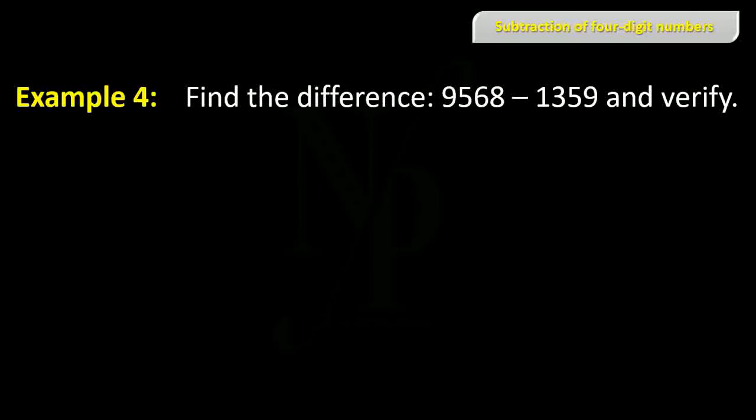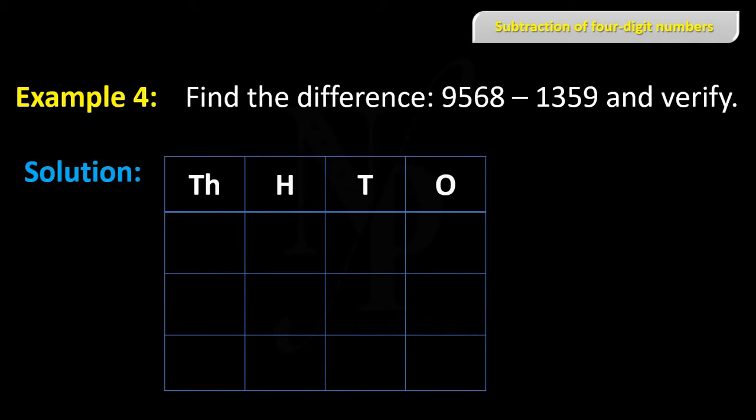Question number 4. Find the difference 9568 minus 1359 and verify. Let us write down the given numbers. In such questions, we will write down the numbers in the given order.